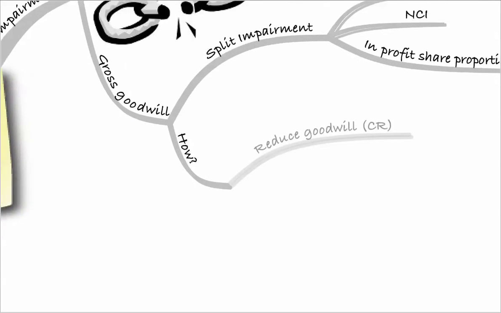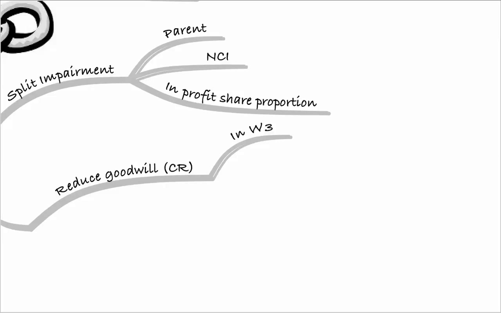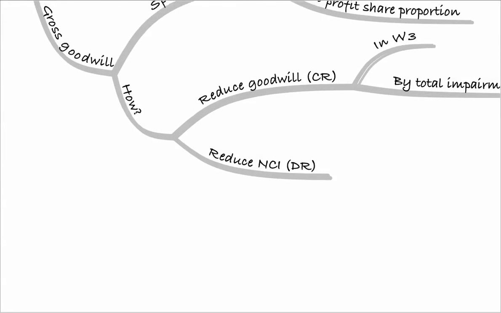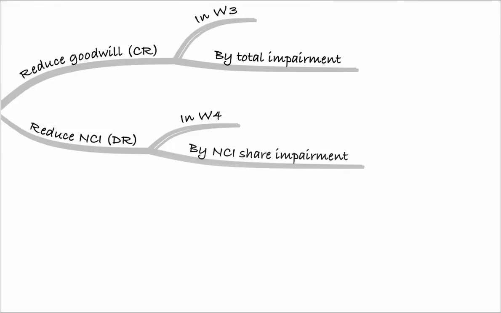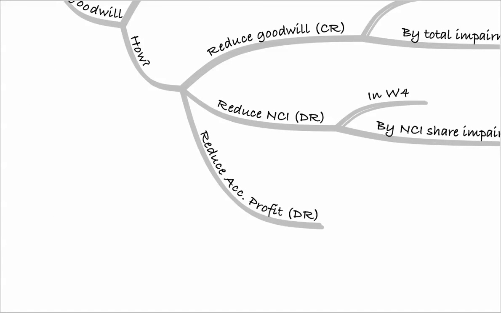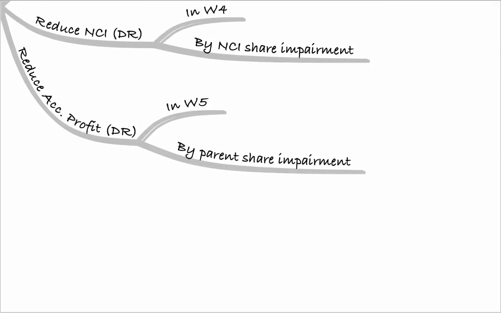So how do we do it? Well, we reduce the goodwill by the total amount of the impairment in working 3. So it is going to reduce the value of the goodwill. Then we also reduce the value of the NCI in working 4, so we reduce it by their share of the impairment. And then we reduce accumulated profit in working 5 by the parent's share.